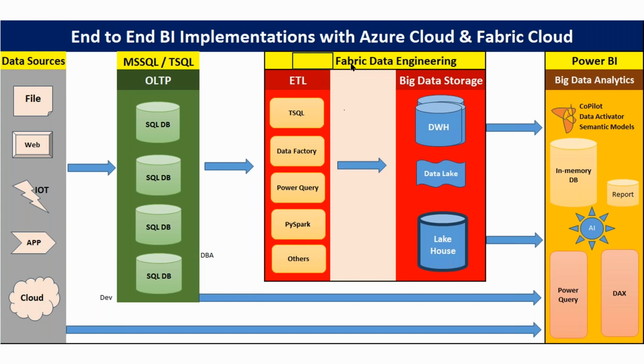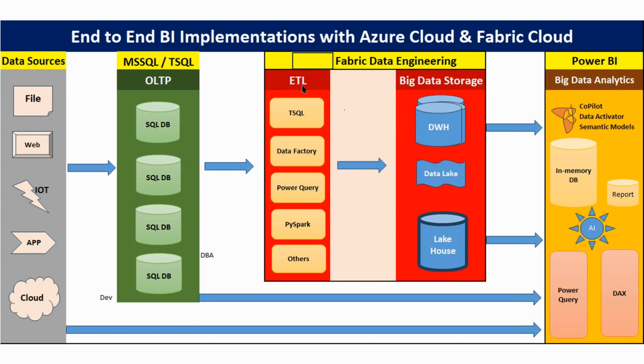As a Fabric data engineer, we are involved in various ETL implementations. T-SQL examples we need to learn. Fabric Data Factory examples we need to learn. Power Query, which we call Dataflows Gen2, we need to learn. PySpark we need to learn. For ETL, extracting data from various sources.